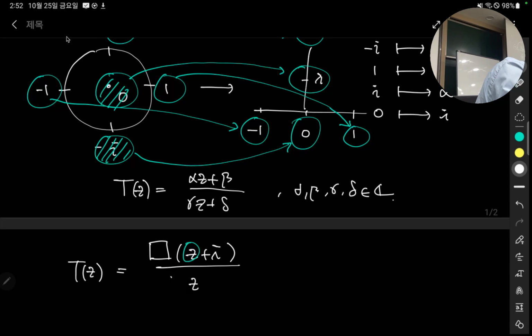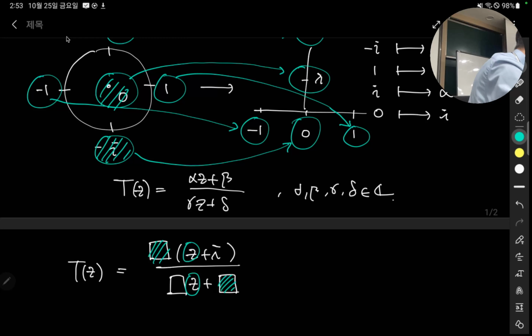But if I plug in 0 in these two places, then I don't care what this is, all I care is what this is. So therefore, on the top, what I have is this thing and this thing.